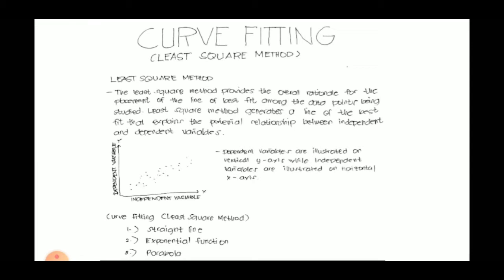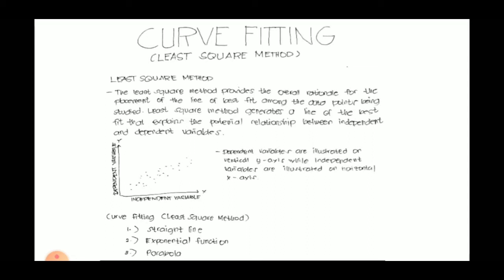The dependent variables are illustrated on the vertical y-axis, while independent variables are illustrated on the horizontal x-axis. These designations will form the equation for the line of best fit, which is determined from the least square method.